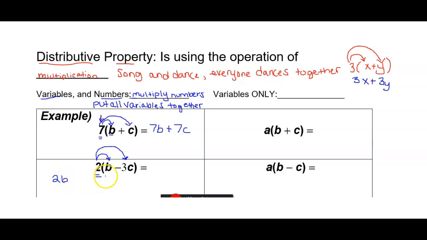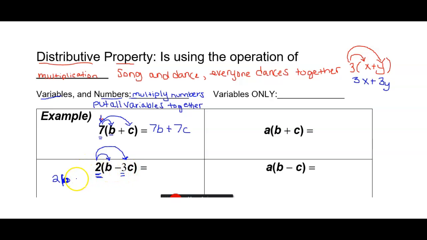Okay. But then let's look, and I'm going to make my b like this, so it looks like an actual b. There we go. And not a 6. Then let's look at the next one. I take the 2 and I have to multiply it. I want to multiply both the numbers together, and then I'll put the variable next to it.